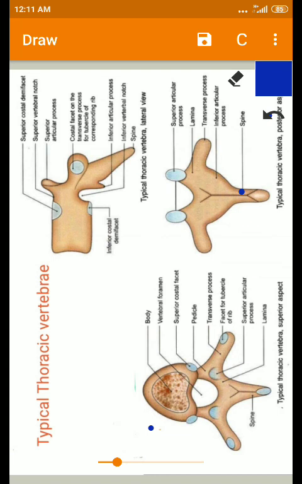We know that the muscles on the medial side of the posterior aspect of the scapula attach to the vertebral column, isn't it? So the rhomboids major and minor, serratus posterior superior and inferior.